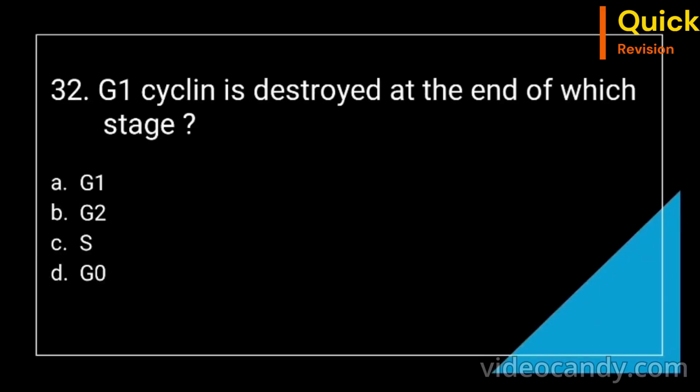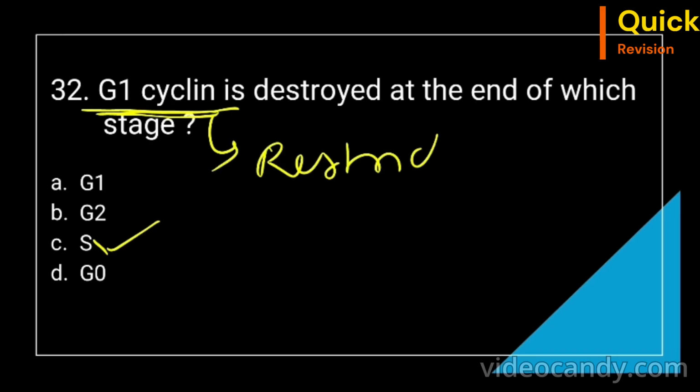32nd question. G1 cyclin is destroyed at the end of which phase? G1, G2, S phase, or G0 phase? The correct answer is S phase. This G1 cyclin acts as a restriction point in the cell cycle.